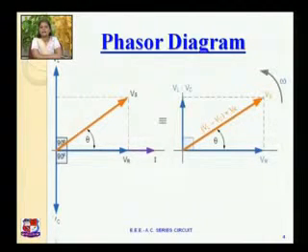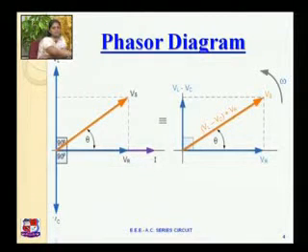In the second diagram you can find the resultant, where the upper vector is VL and the lower vector is VC.